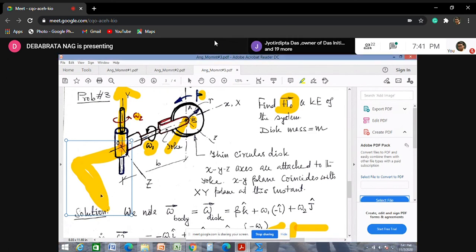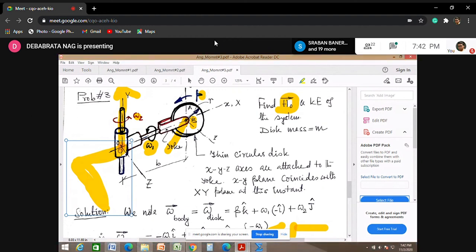Correct? So what I need to do is take the point over here and apply the momentum equation about this point to get the angular momentum with respect to it. But since this point O is a fixed point here, it doesn't matter whether it is the relative term or the absolute term.